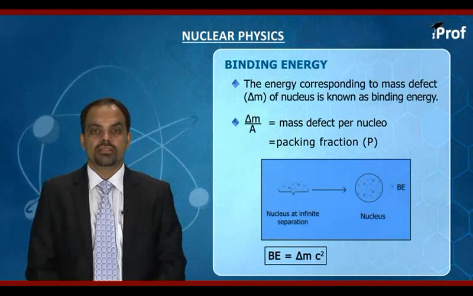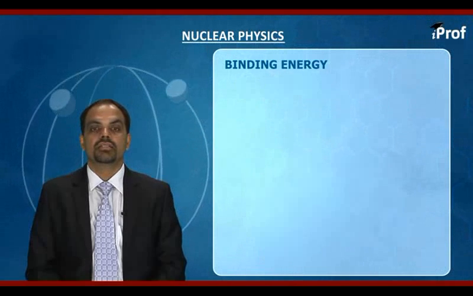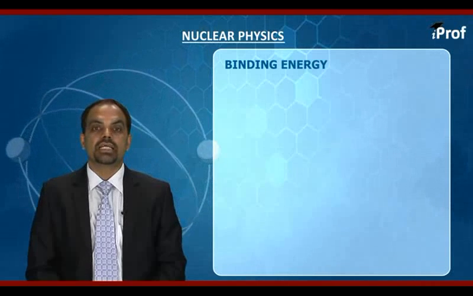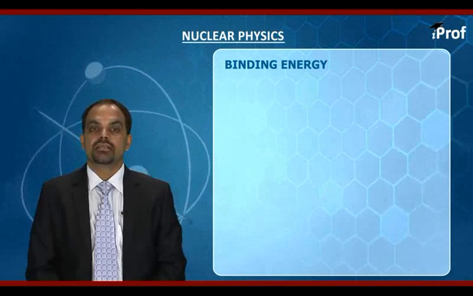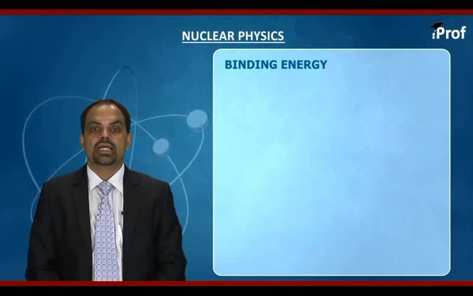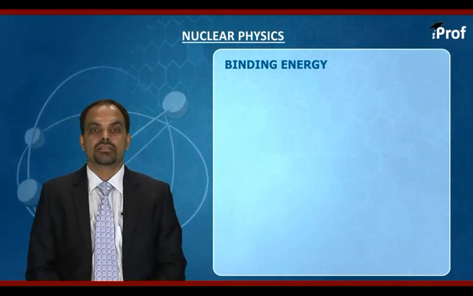So students, the fundamental point is that the mass of a stable nucleus of a stable atom is always less than the sum of masses of its constituents, and the difference in mass is simply referred to as mass defect.